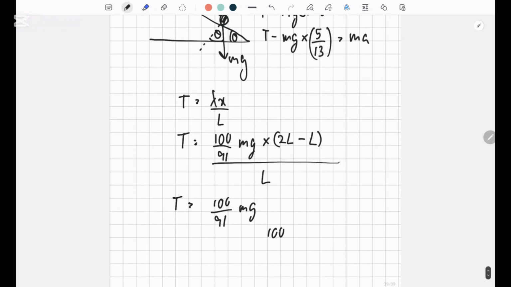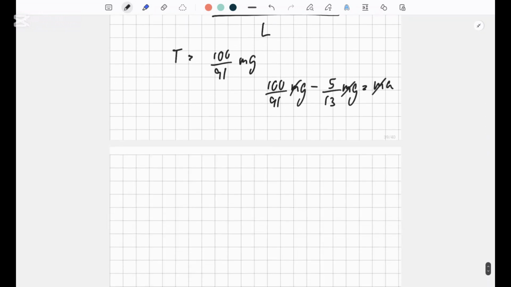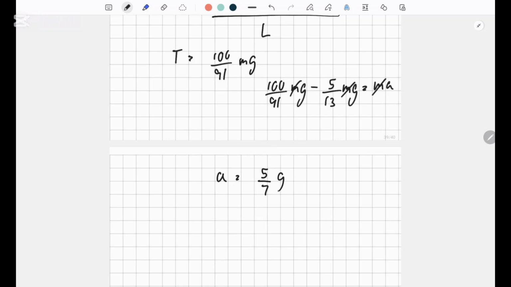So it's 100 over 91 mg minus 5 over 13 mg equals ma. You can cancel off m. So you end up with 100 over 91 minus 5 over 13, giving you an acceleration of 5 over 7 g. That is your answer.